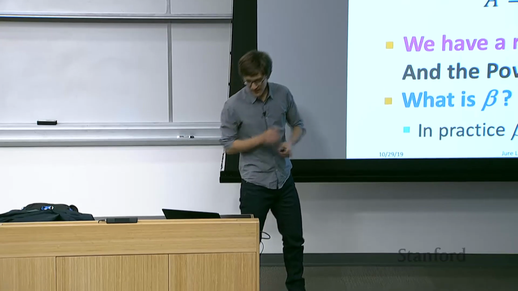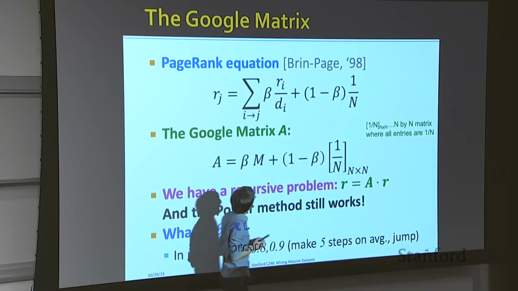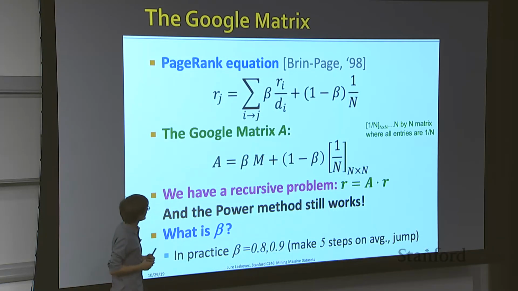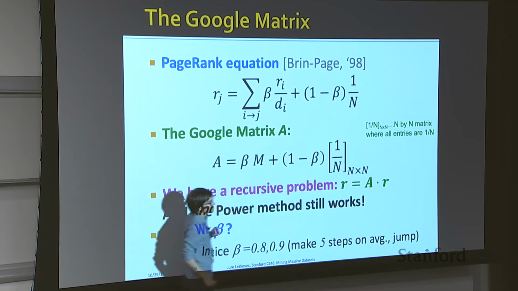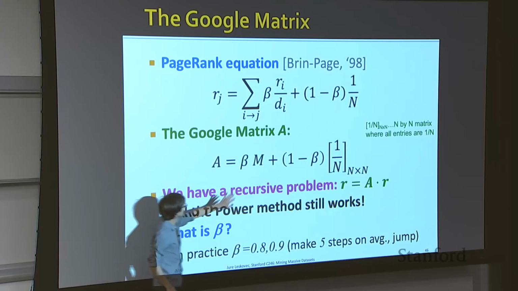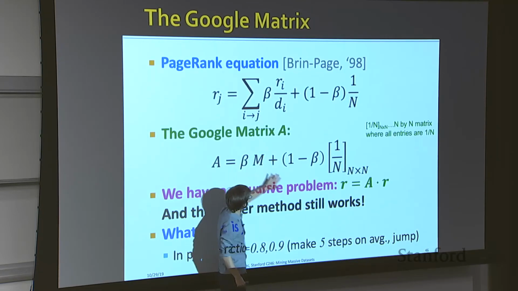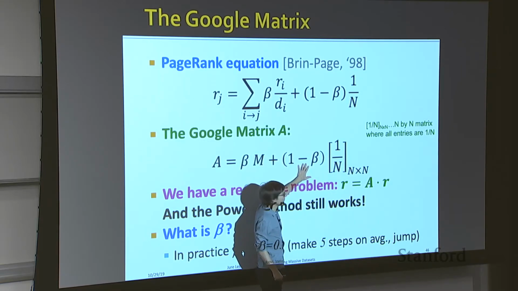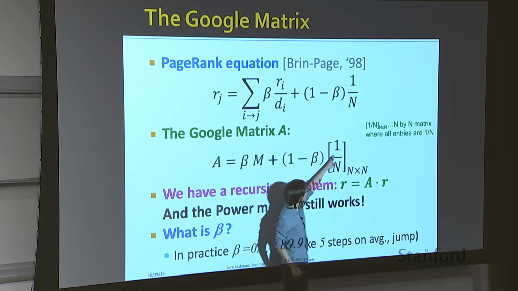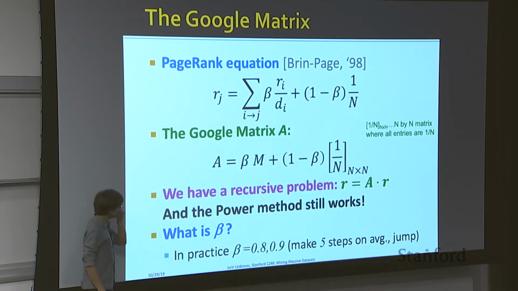All right, this is the equation I had from the previous slide. If we now want to write this in linear algebra, we have to define this new matrix A that is called the Google matrix. The Google matrix will be beta times M, the M we had before, plus this matrix of random walk destinations, 1 minus beta times 1 over n.